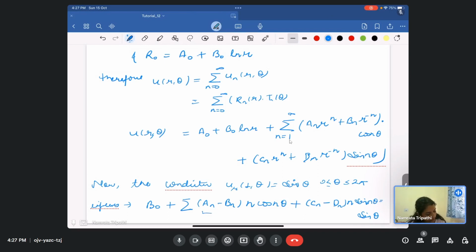Here b naught will become 0 because there is no constant term on the right hand side, and from the second term an is equal to bn we will get, and the third term for n equal to 1 we will get c1 minus d1 equal to 1. Okay, fine.